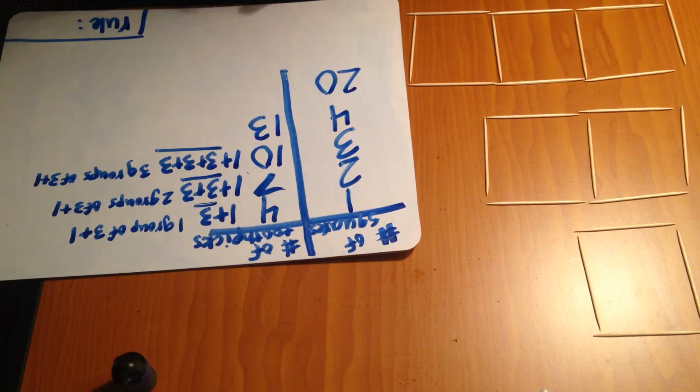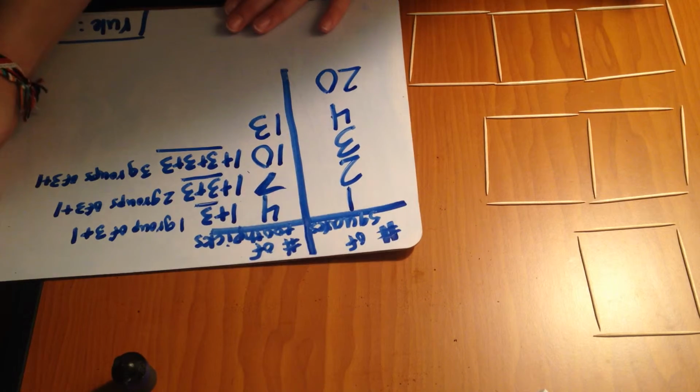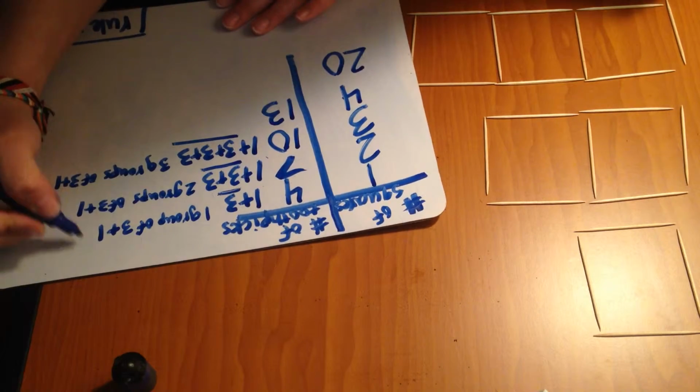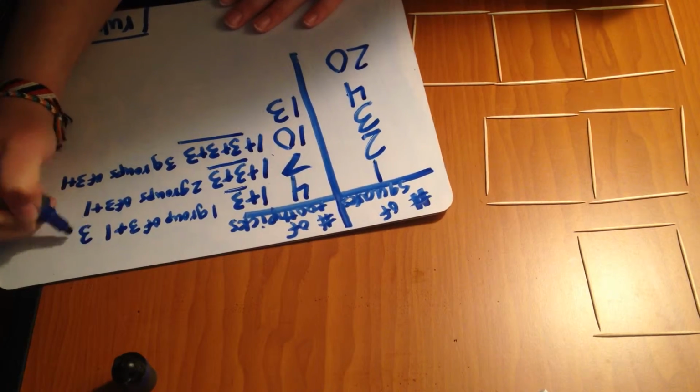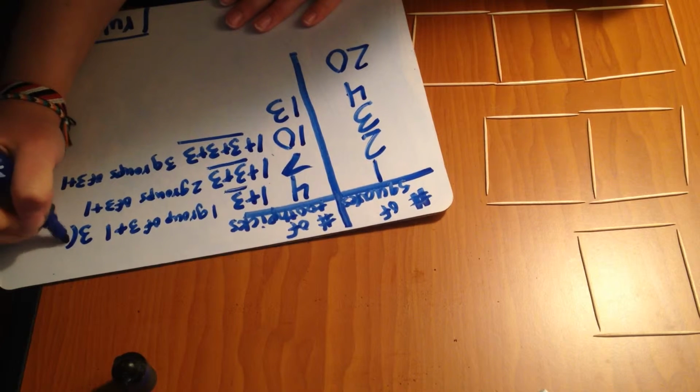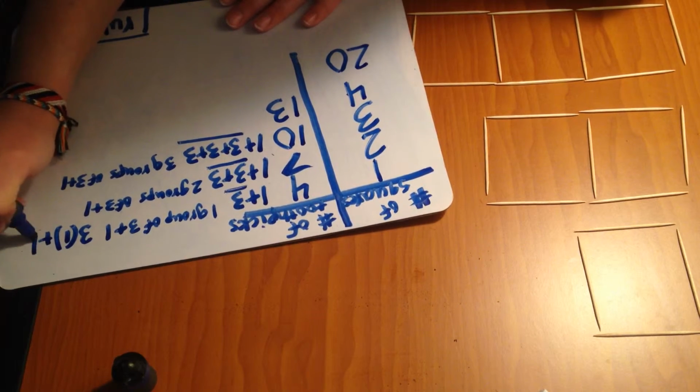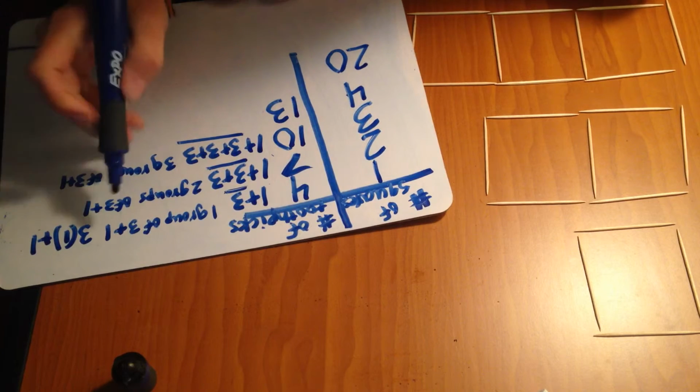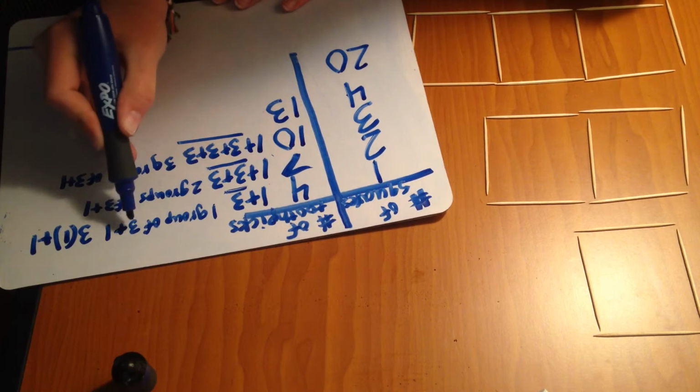So let's go ahead and write this as if we were writing a multiplication sentence. We have 3 times 1 plus 1. And the reason it's this way is because I have one group of 3.